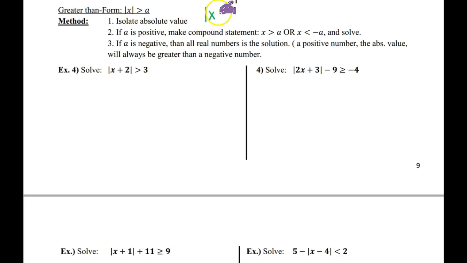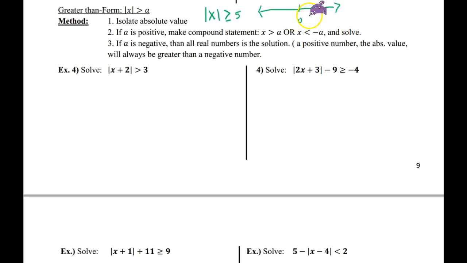So if I have the absolute value of x greater than or equal to 5, that means I want all the distances that are greater than or equal to 5 units away. And in this case, because it's just x inside the absolute value, that means 5 units away from 0.